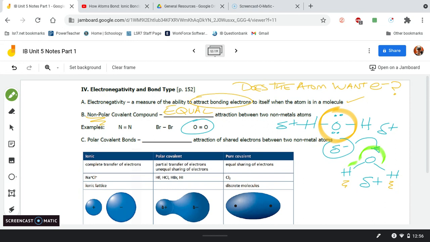And so you would see less electrons down here and more of the electrons up here, which is why that side ends up being negative. So these are examples, and you'll notice that they're all going to be diatomic. So nonpolar covalent is normally going to be totally identical chemicals or diatomic.